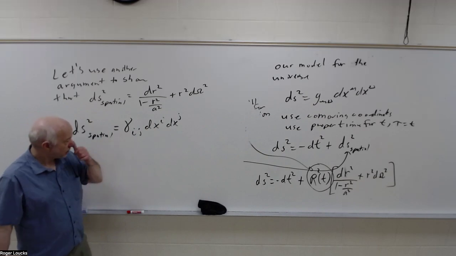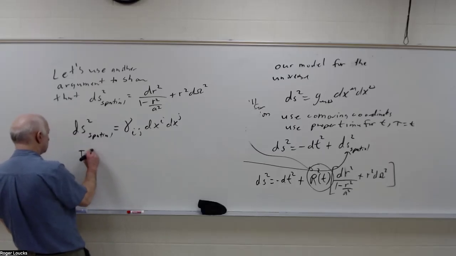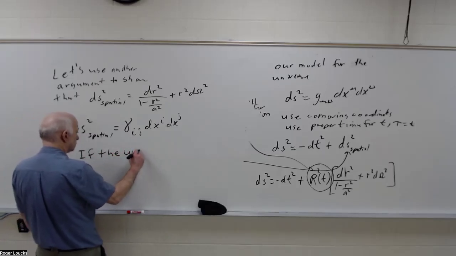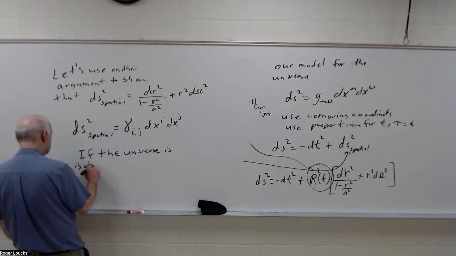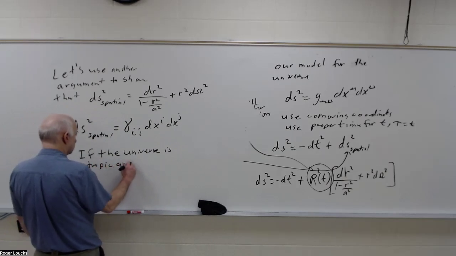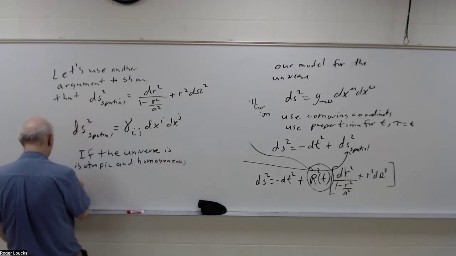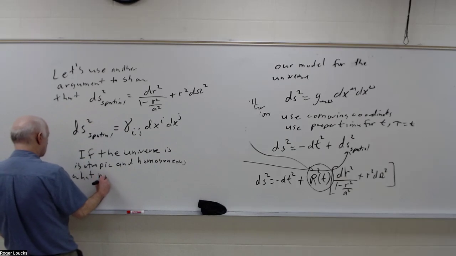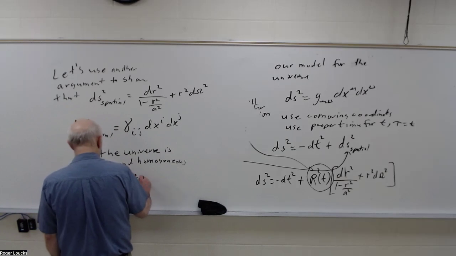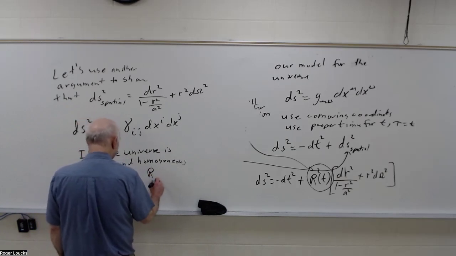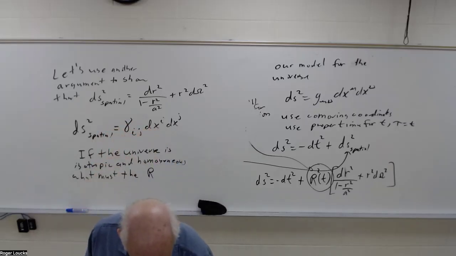Okay, so the question is, if the universe is isotropic and homogeneous, what must the R, what does he use for the notations?